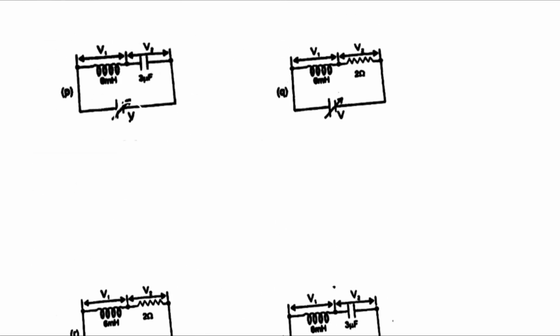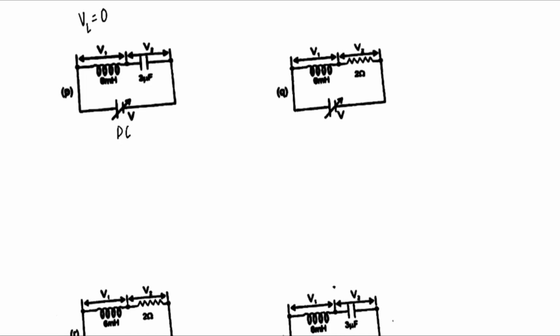In that circuit the source is a DC source. With a DC source, the potential drop across the inductor is 0, because there is no change in current and direction of the current.